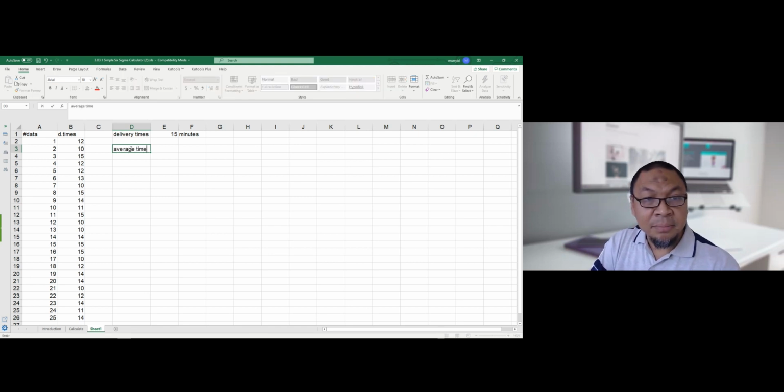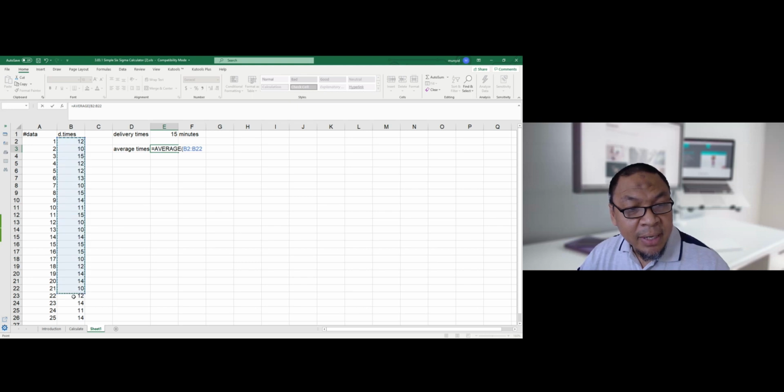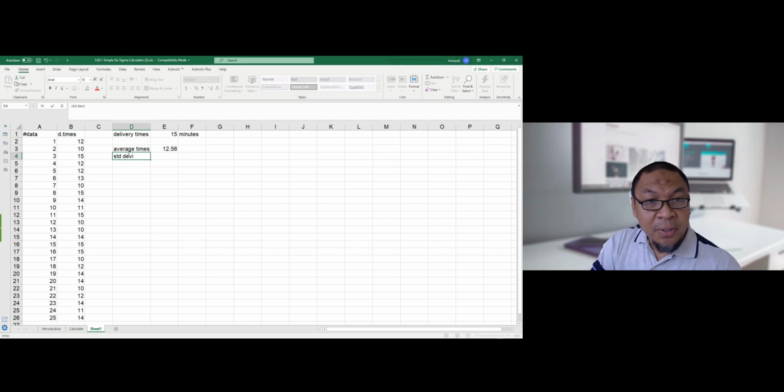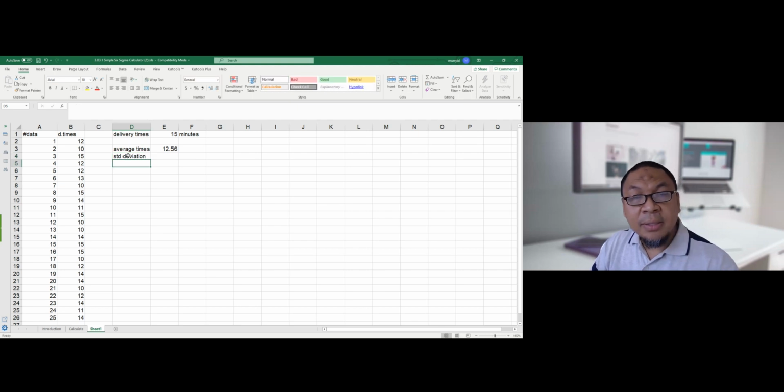Just use the Excel formula and select the data. So we got 12.56 minutes for the average time, and then the standard deviation. Because in Six Sigma, our enemy is the variation, we need to measure this variation using the standard deviation.